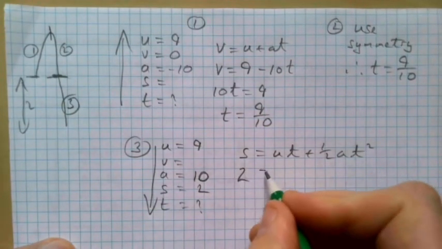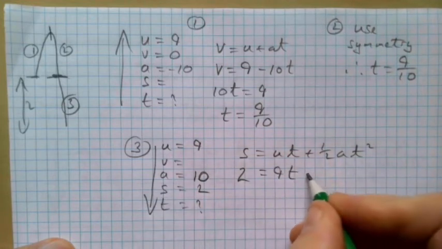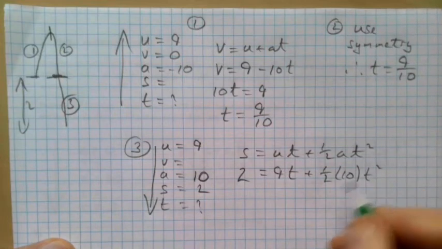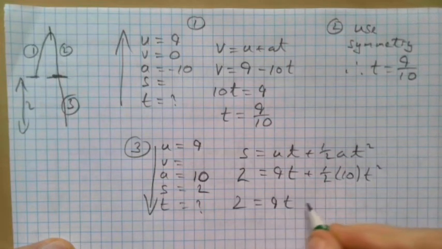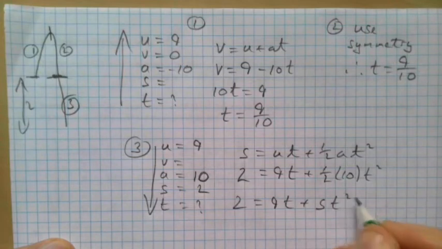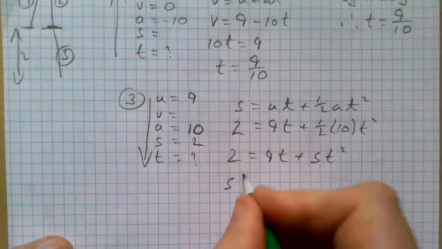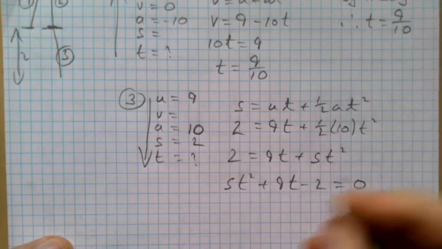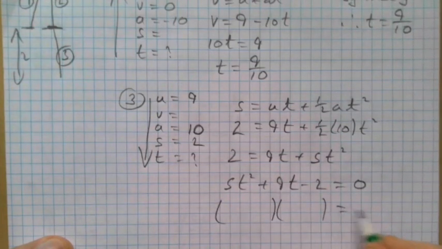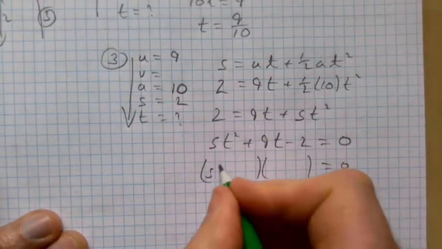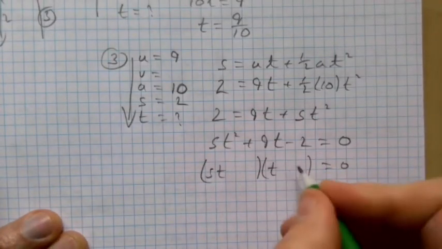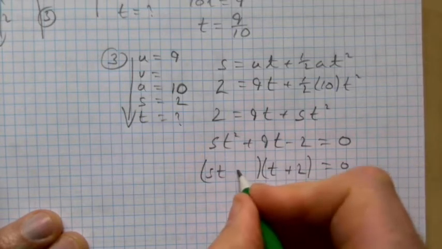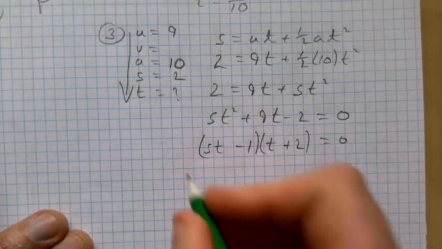2 equals 9T plus a half 10T squared. 2 equals 9T plus 5T squared. 5T squared plus 9T minus 2 equals 0. 5T, T, plus 2, minus 1, I think makes that one work.